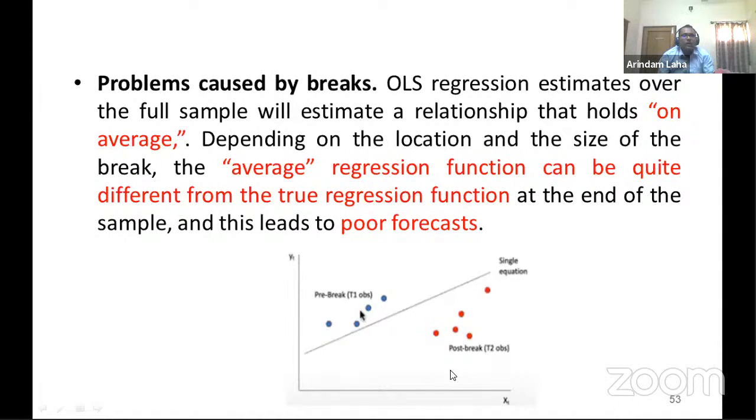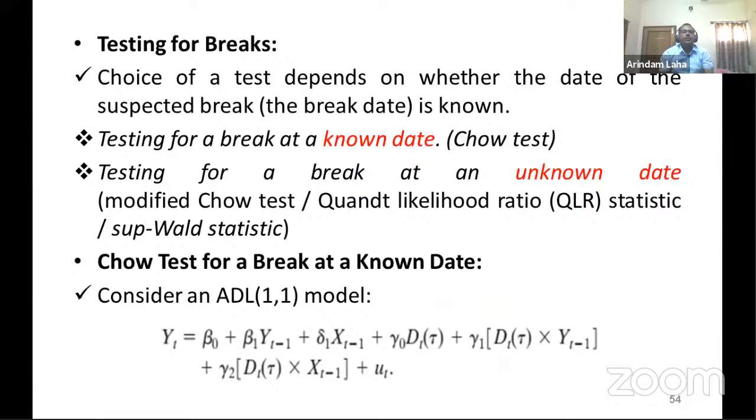Ultimately, if you are dealing with only a full sample regression, it will lead to a poor forecast. You cannot employ this analysis to have a meaningful forecast. So you have to consider subsamples. Identification of the break is very important. Now there are two different testing procedures. They are quite similar.